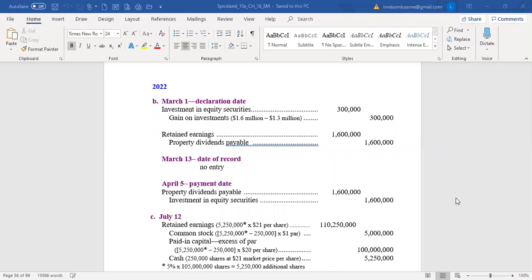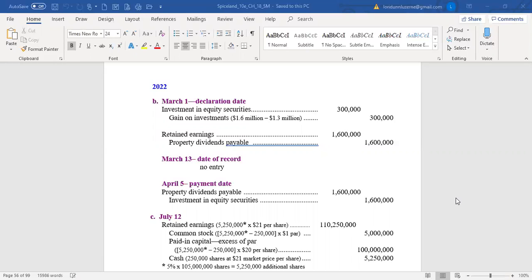So 105 million shares times 0.05. 5,250,000 new shares of stock are going to be sent as a stock dividend. And it looks like they were sent the same day they were declared.